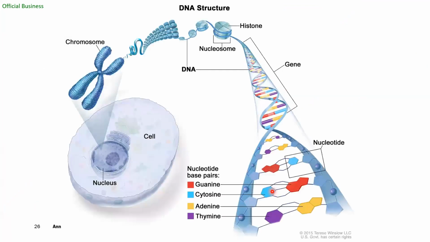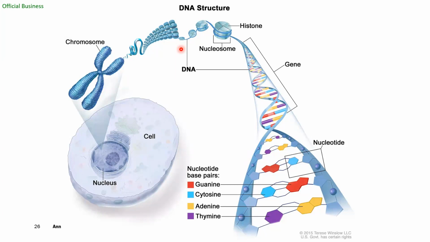So what is a chromosome? We usually see chromosomes in the microscope during mitosis or meiosis. This is your chromosome. If we look closely at this chromosome, it forms your chromatin structure, which is basically DNA and histone proteins. Your DNA is a very, very long thread-like molecule.